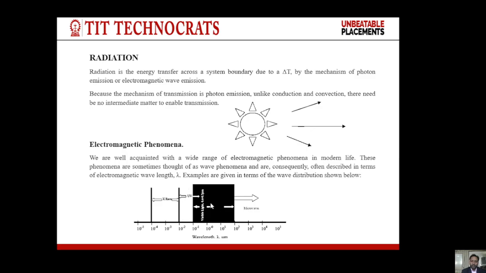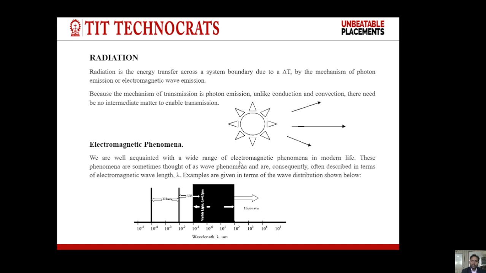You can observe here the wavelength spectrum of different electromagnetic waves. Depending on the wavelength, we can categorize different waves. Our study will focus on this range, 10 to the power minus 1 to 10 to the power 2, that is light waves.